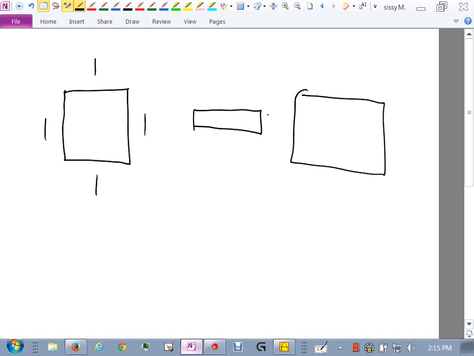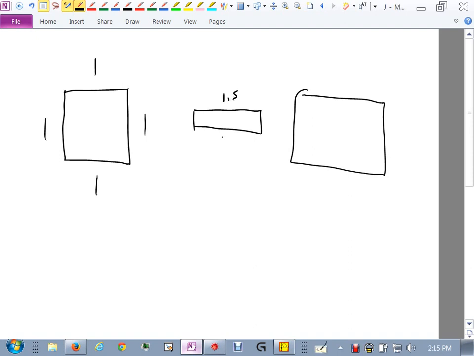Okay, here's another way I could do it. 4 feet might be hard, but I could do like 2, 2, half, half. That's 5. Could I use 2, 2? I only have 4 feet of fence.